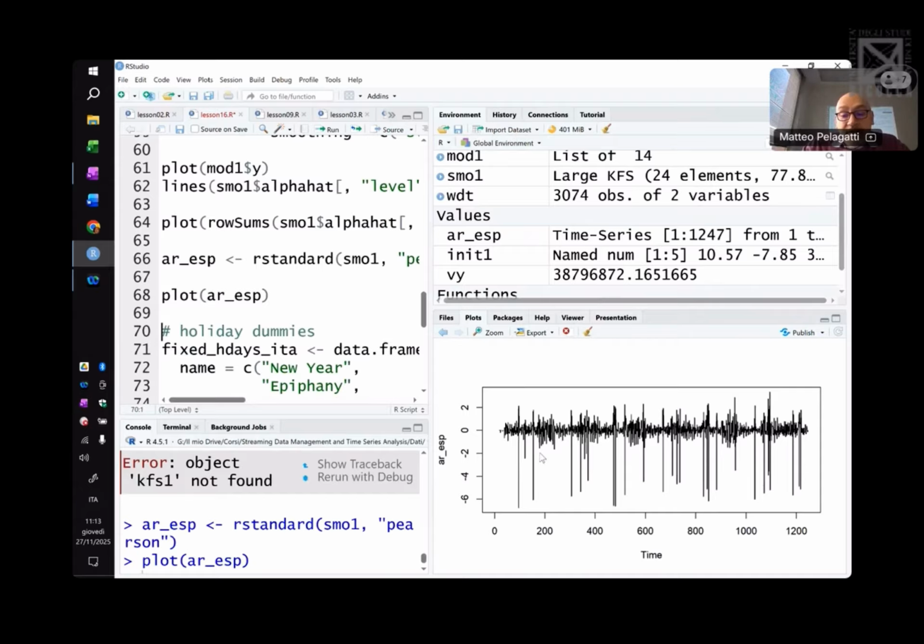We may just make a list of this. Actually, we should find the dates because now the dates are cancelled, but we have the data frame with the dates. So if we transform these extreme values into their respective dates, we probably are going to find they're all holidays.